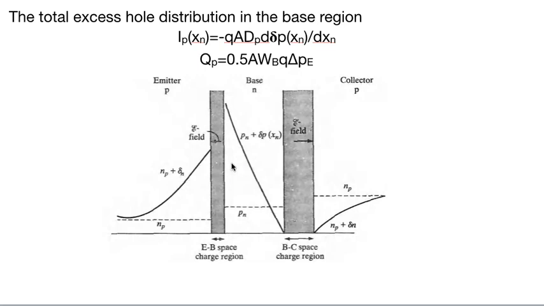The electrons, when they cross the emitter base region, decrease exponentially from Np plus del Np and maintain at Np. When the holes from the P region cross to the N region, they decrease almost linearly from Pn plus del P(xn), and in the base collector they increase to Pn.